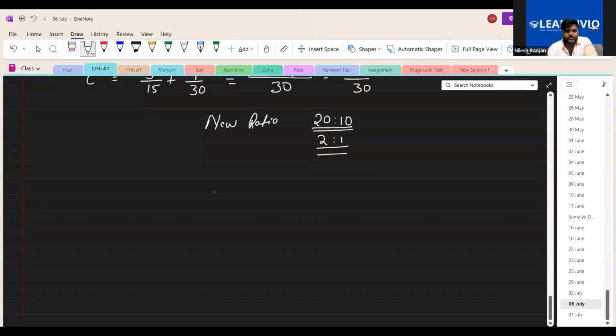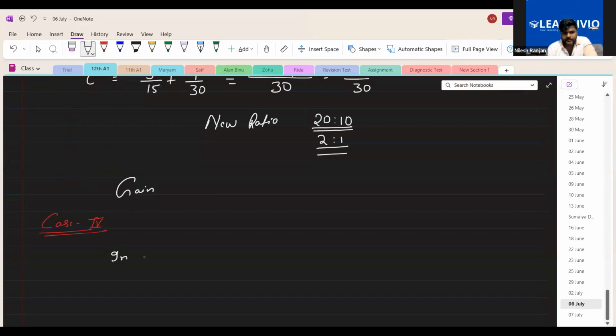Can you tell me, anyone? What is the formula for gain? New ratio minus old ratio. Yes, new ratio minus old ratio. That will be your gain.